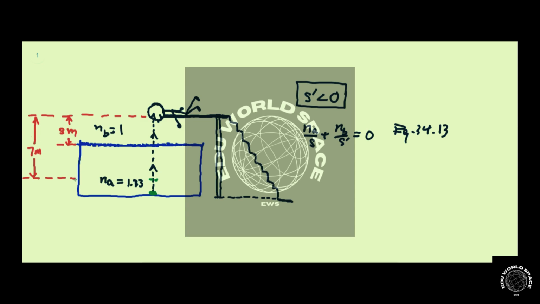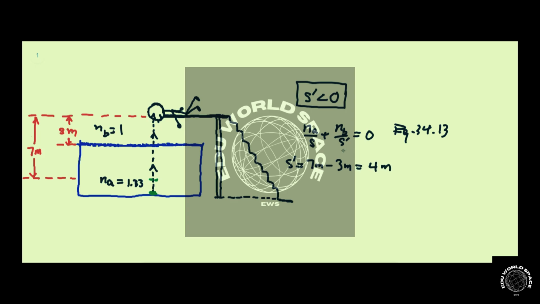In fact, S prime is the apparent distance of the penny to the air-water interface. That would be the difference between the observed distance of the penny and the height of the diving board, where the person is located. So S prime is 7 meters minus 3 meters, which gives us 4 meters.